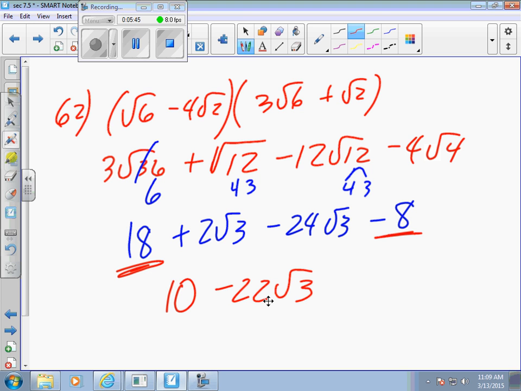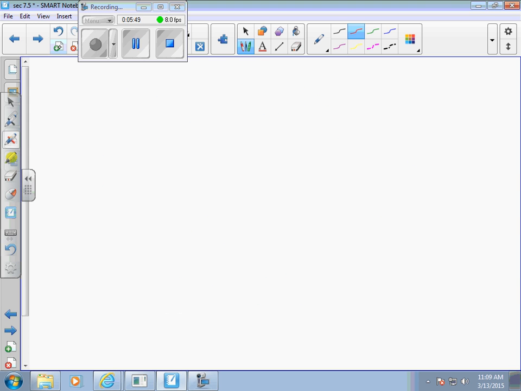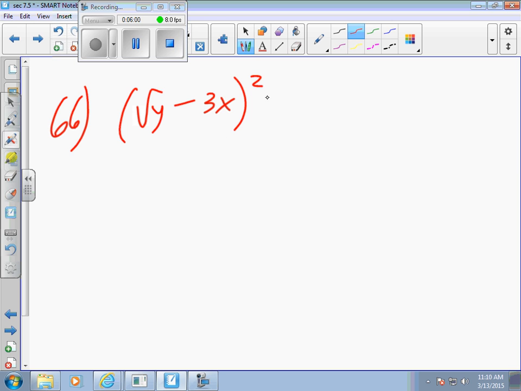The next one we're going to try is 66. 66 says the square root of y minus 3x quantity squared. When you square something, that means to multiply it by itself. So instead of the square, I'm going to rewrite it as the square root of y minus 3x.